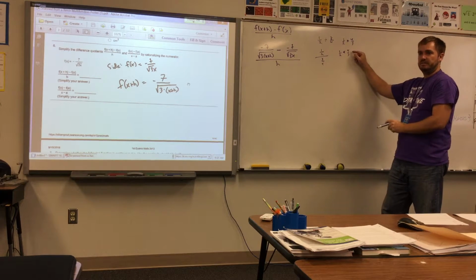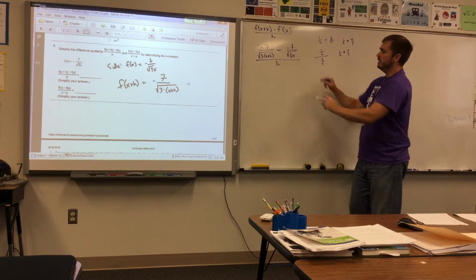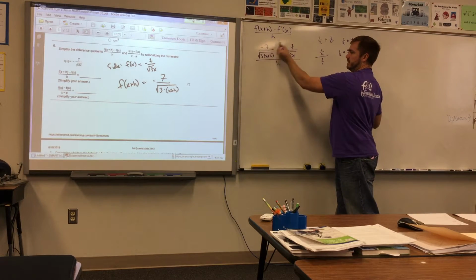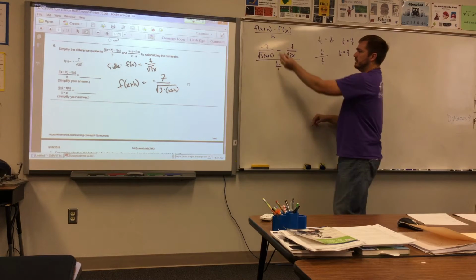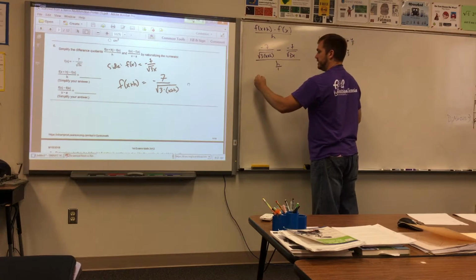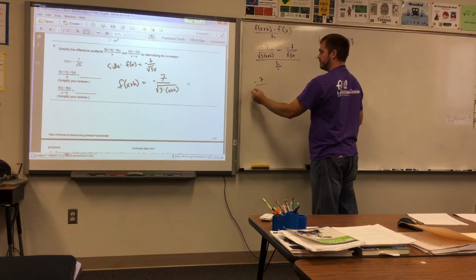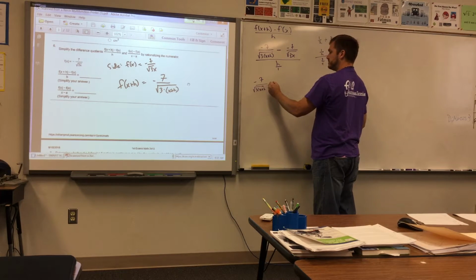It's the same kind of thing, right? So that's what I'm going to do here, recognizing that this is a numerator and h over 1 is in the denominator. So I've got -7 over square root 3x plus h.